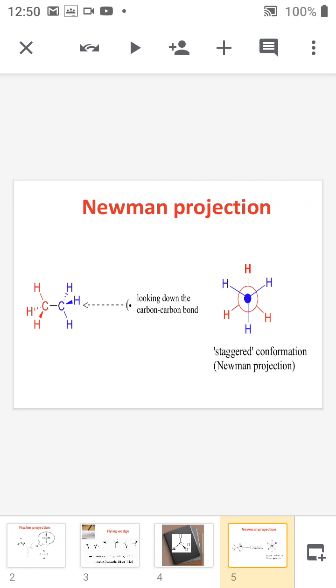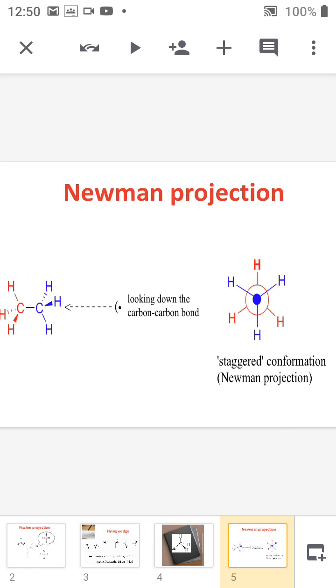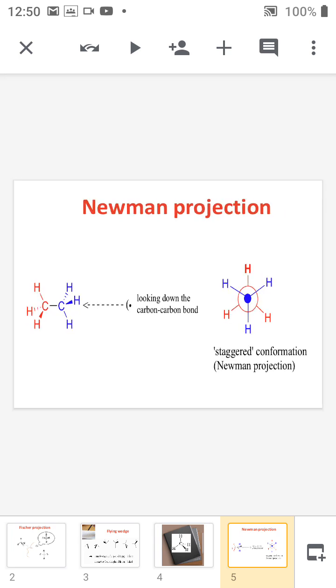So in the Newman projection, I have shown the observer by a dotted arrow. Consider an ethane molecule. The molecular formula of ethane is CH3-CH3.